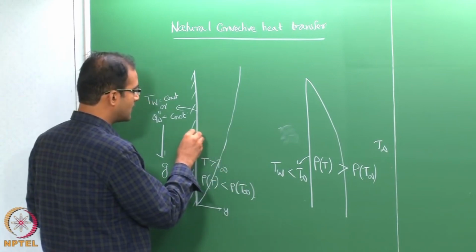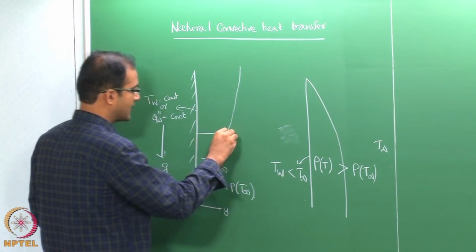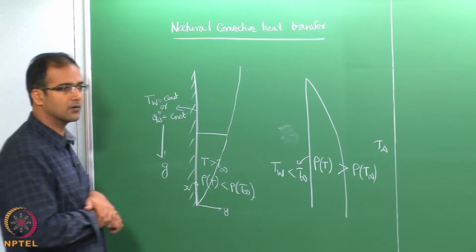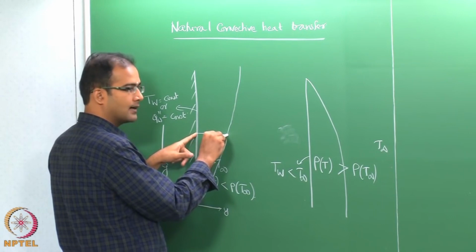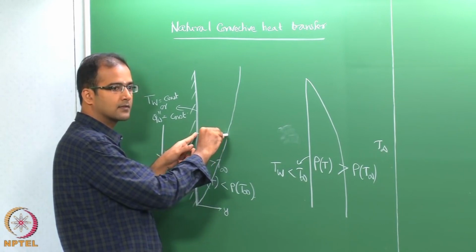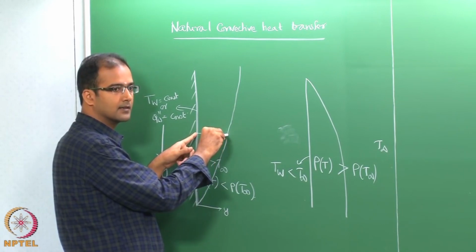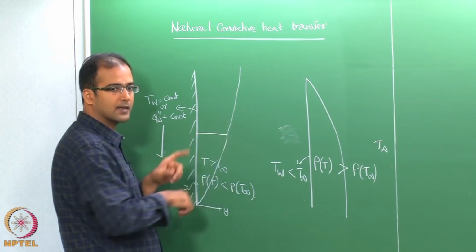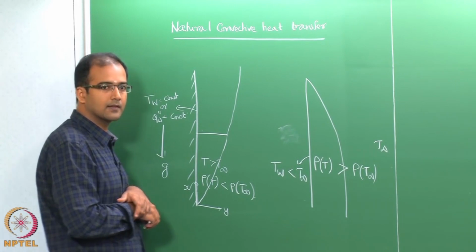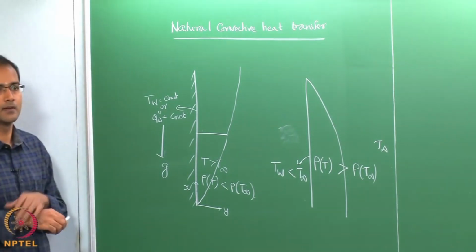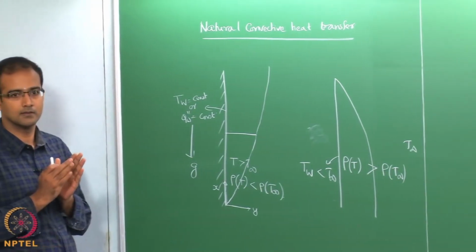So, when you want to draw the velocity profile at some location, the velocity has to be 0 at the wall and also 0 at the edge of the boundary layer, right. So, you have 2 points where the velocity becomes 0 in this case. Therefore, the velocity can attain a maximum somewhere within the boundary layer.